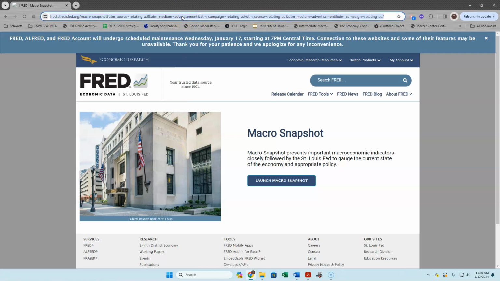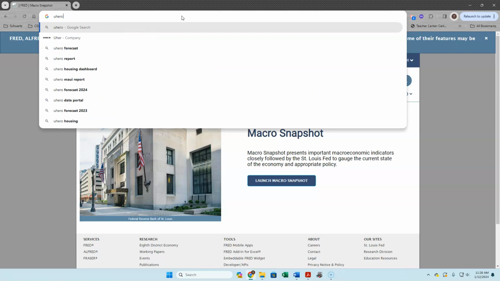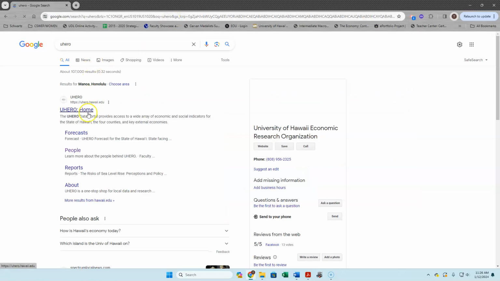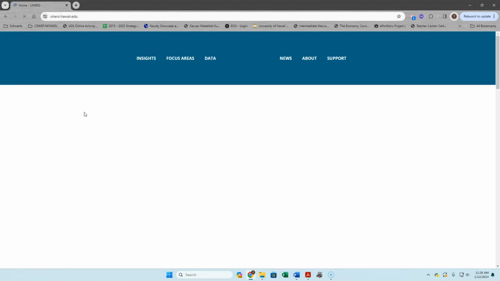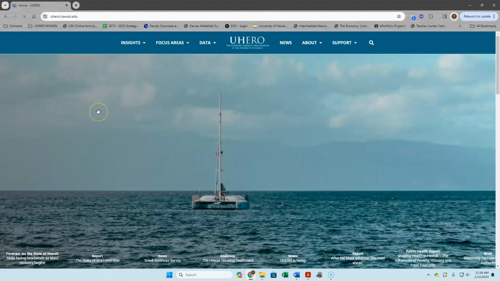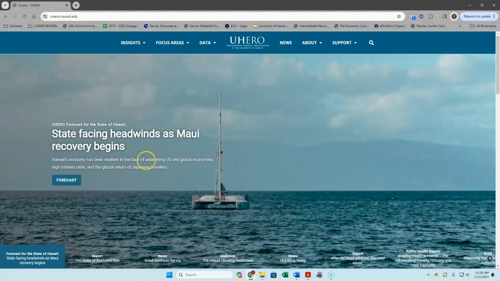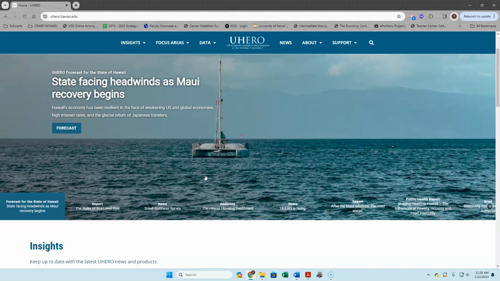If we look at the work that economists at UHERO are doing, it's largely positive economic statements, right? We can look at things like what happens when the sea level rises, without getting into climate change.